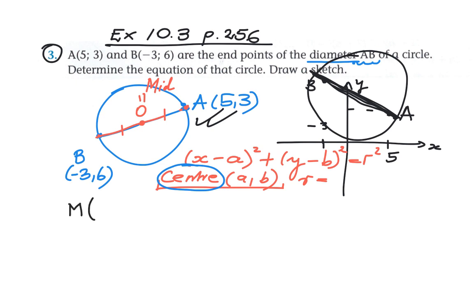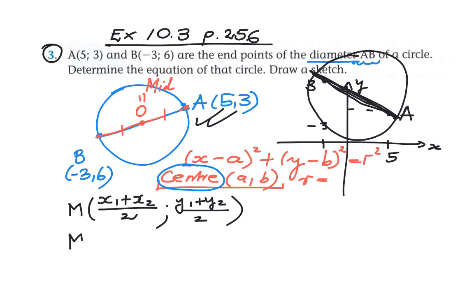Again, quite a basic formula from your Form 3 or Form 4 coordinate geometry that we are just applying in circles. So you remember, you've done that revision. It's x1 plus x2 over 2 to get the x coordinate of a midpoint, and y1 plus y2 over 2 to get the y coordinate of the midpoint.